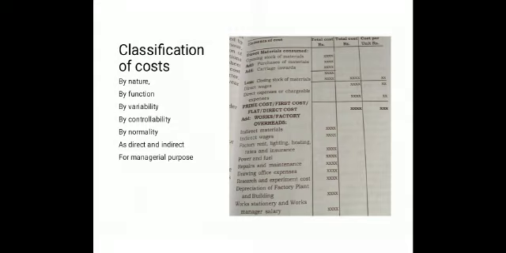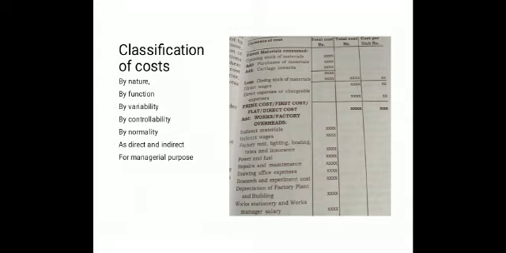Under the nature or the elements of cost, in a manufacturing concern, the total cost of a product is composed of three main elements, that is material cost, labor cost, and expenses. Each of these elements may be further divided into two parts, that is direct and indirect.